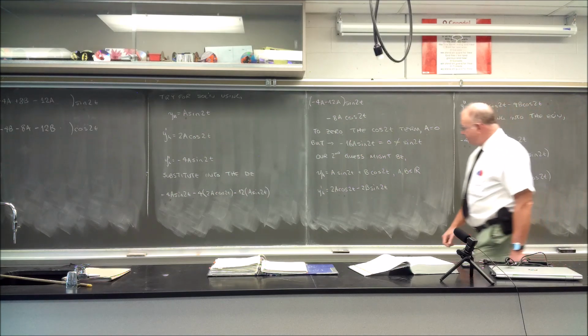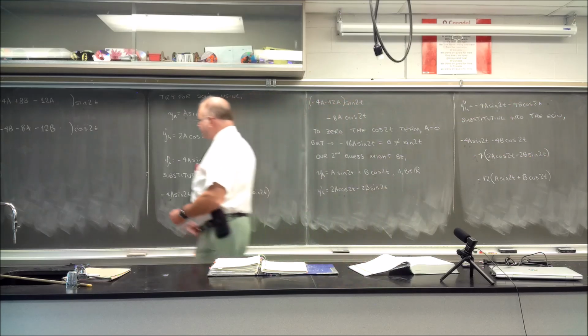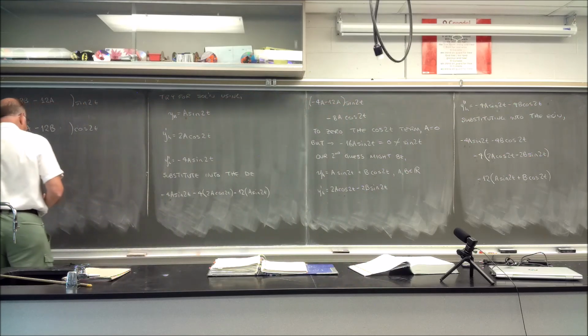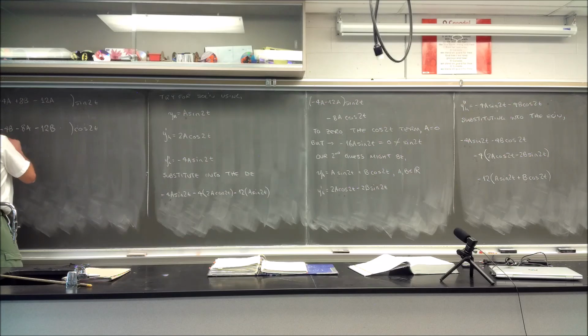Okay, hopefully we're in good shape here. So this is going to be negative 8a minus 12b, and this is for the cosine term. We want it to be 0. And for the sine term, we have negative 16a plus 8b equals 1.